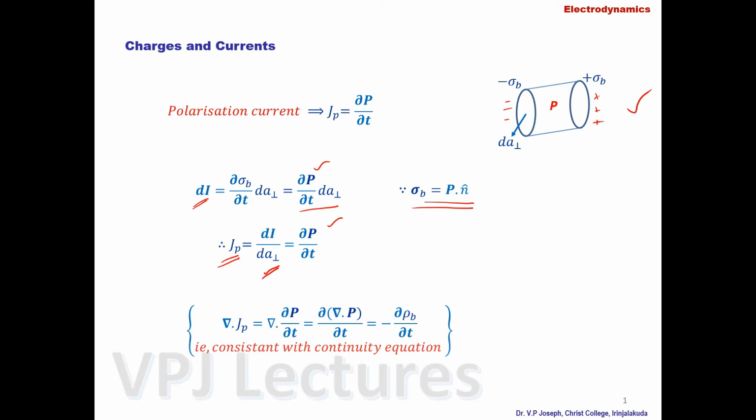If you take the divergence, del dot Jp is equal to del dot dou P by dou t, that is dou by dou t of del dot P, and del dot P is equal to minus rho b, so it is equal to minus dou by dou t of rho b. So it is the equation of continuity. Okay.